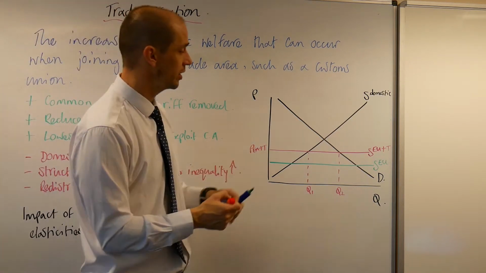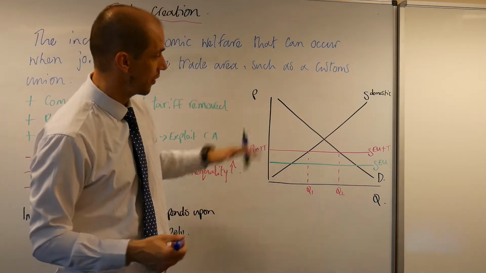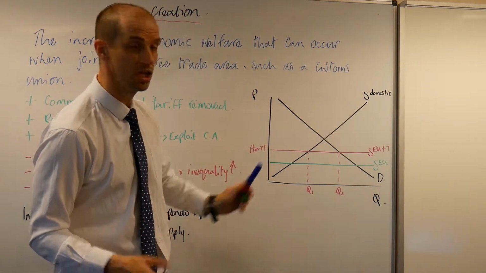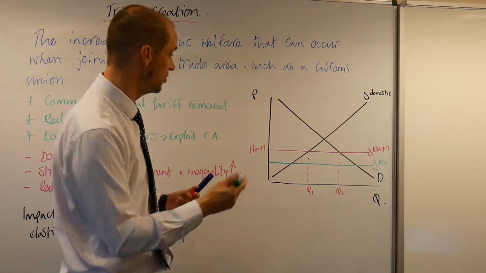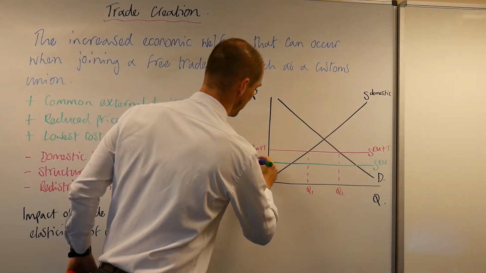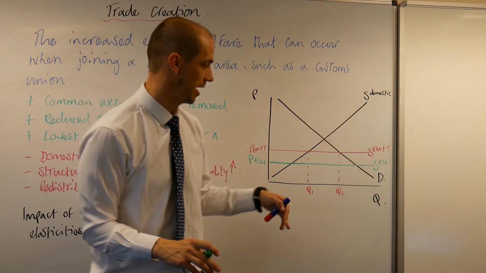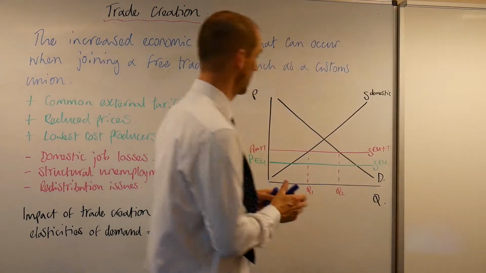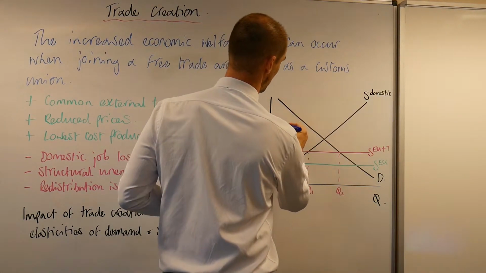Now, in this diagram, we can see our areas split into our price for the EU plus the tariff. And then we've got the removal of the tariff, which occurs on our green line there. So let's start off by considering each of these respective areas.